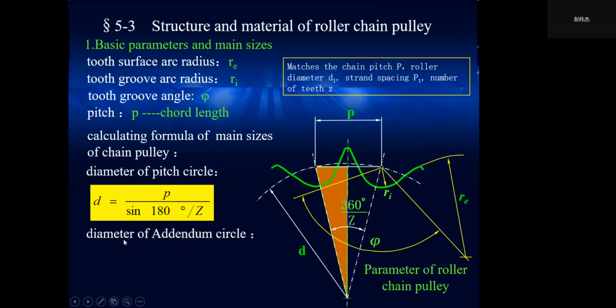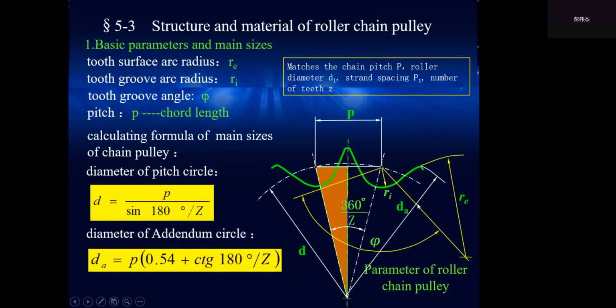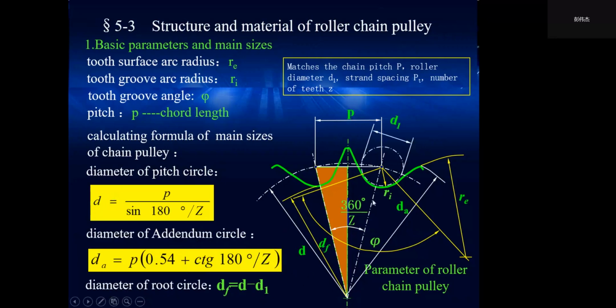And then the diameter of the addendum circle, da. This is da. We can use this formula to calculate da, and the diameter of the root circle, df. df, the diameter of the root circle, is equal to the diameter of the pitch circle minus d1. d1 is the roller diameter.